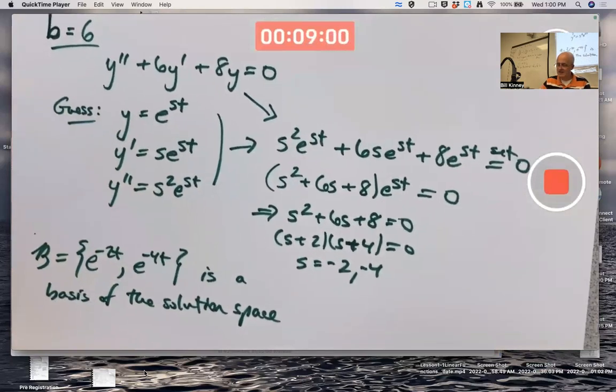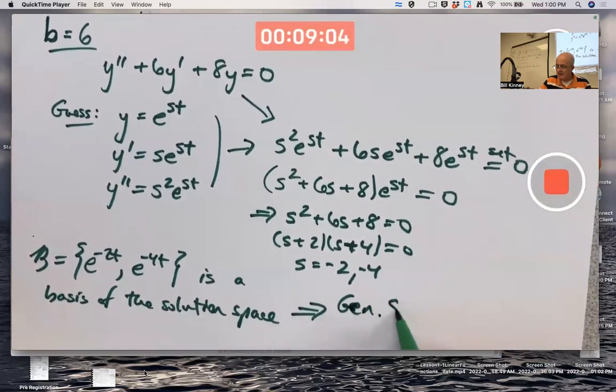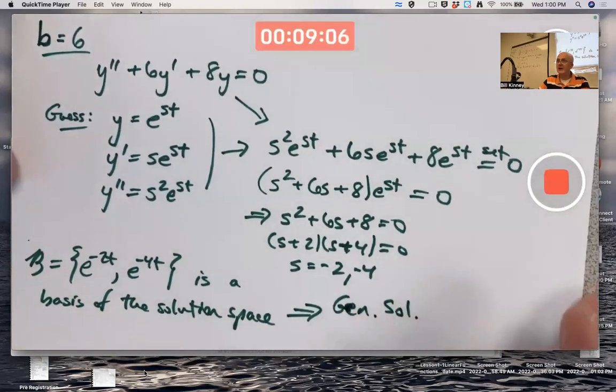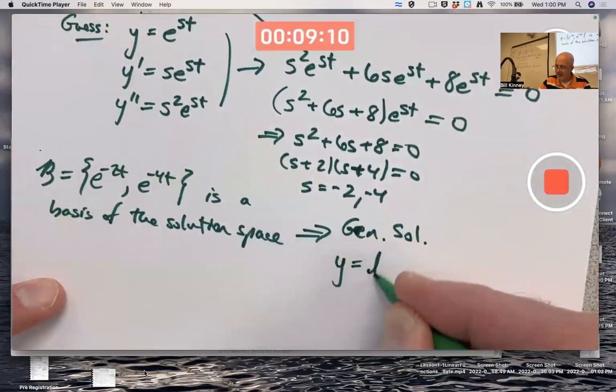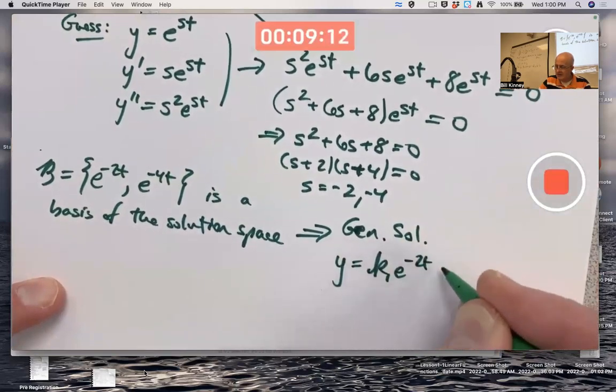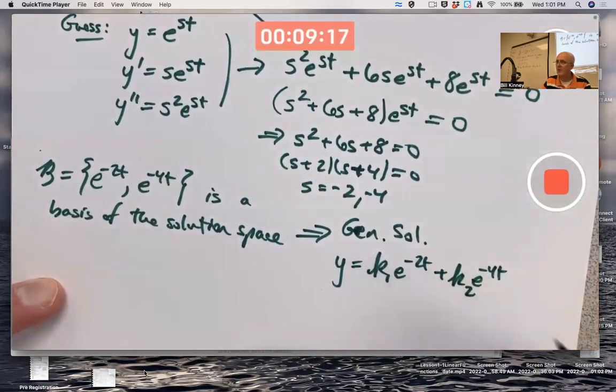And this then justifies the general solution being an arbitrary linear combination of those two functions, say y equals k1 e to the -2t plus k2 e to the -4t, though of course if you wrote those in the other order, it's equivalent.